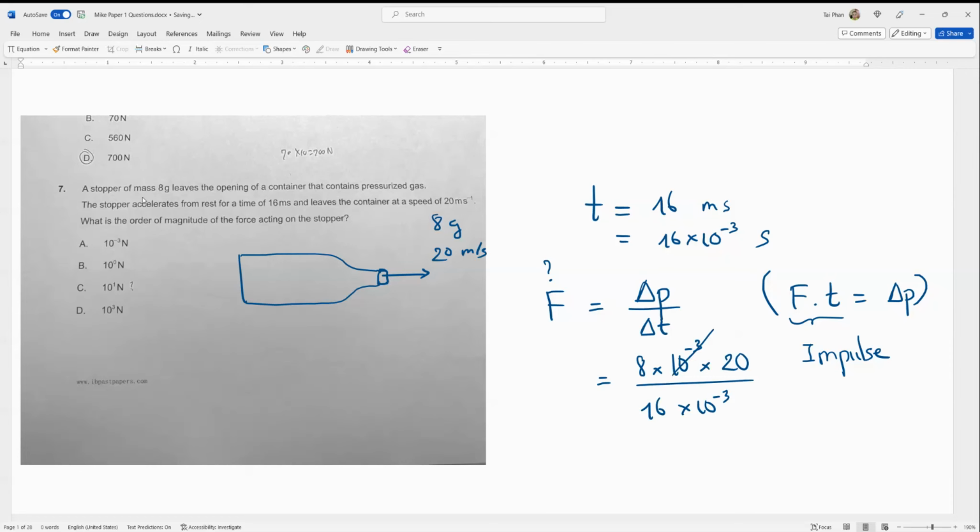The negative 3 powers cancel each other out. 8 over 16 is 1/2, and 20 multiplied by 1/2 is 10. So it's about 10 newtons, and therefore the answer is this one, 10 newtons. Remember to convert the mass to kilograms and the time to seconds.